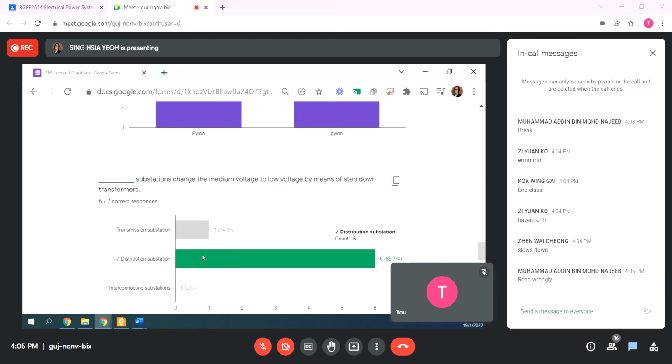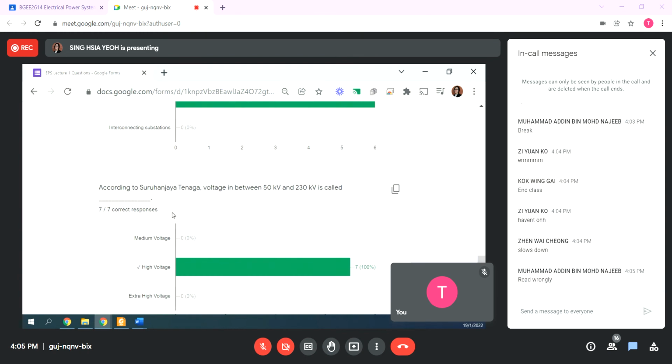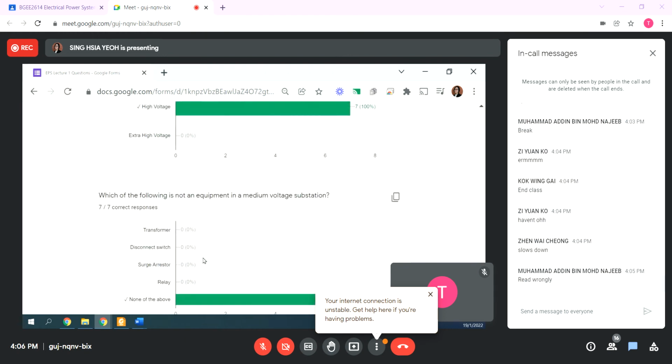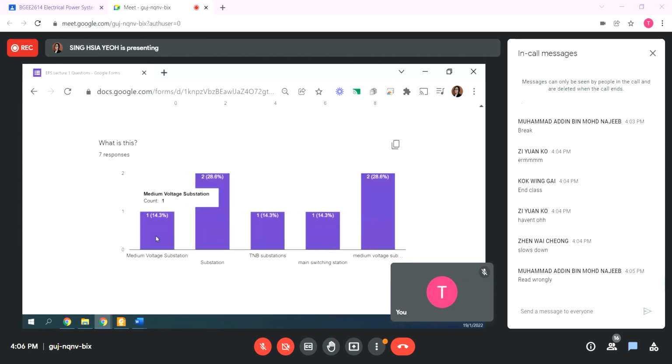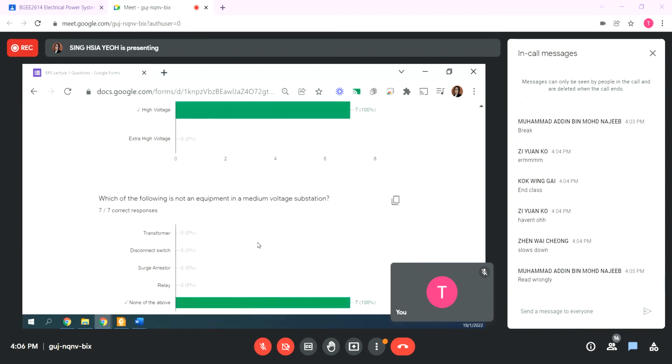Distribution, because they want to distribute to the clients, they need to step down. According to Suruhanjaya Tenaga, voltage between 50K and 200K is high voltage. Which of the following is not the equipment in the medium voltage substation? None of the above, all is inside the medium voltage substation. What is this? Substation.